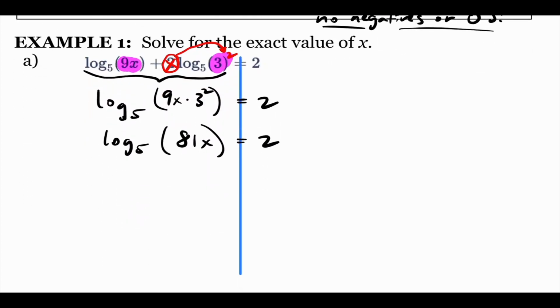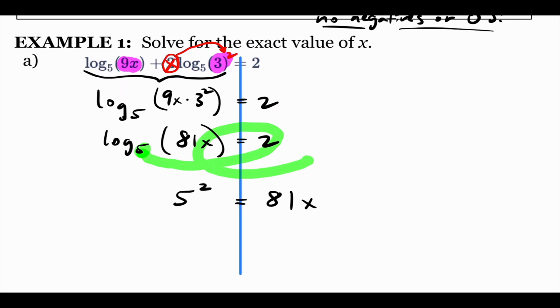How do we change a log to an exponent? We use the e, just like we did last week. Start with the base, go across the equal sign, and then come back. So 5 is the base, and then I went to the 2, and that's going to equal 81x. Since 81x is the only thing on this side, I don't need the parentheses anymore.